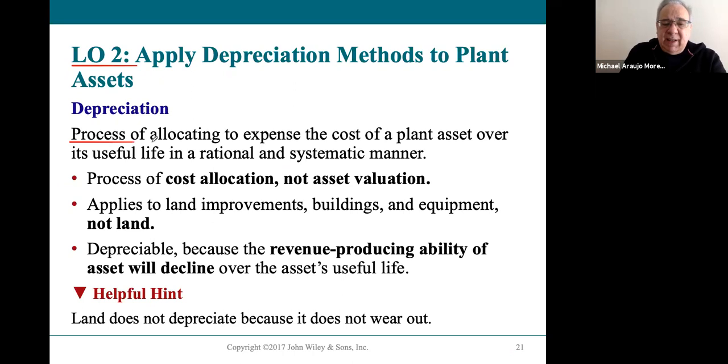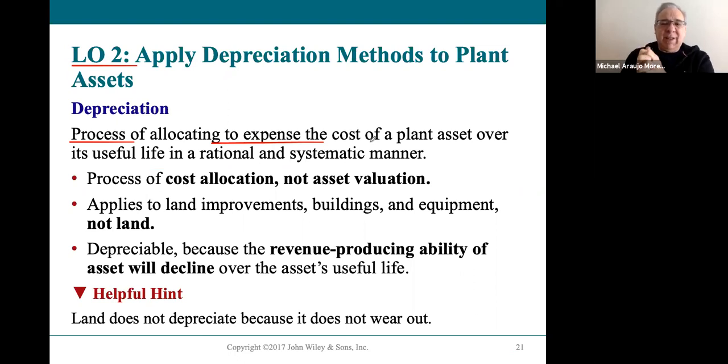Depreciation basically is a process of allocating the cost of a plant asset as an expense over time. We've used up a portion of the value of that asset to help us sell something. So in essence, the expense recognition principle comes in.